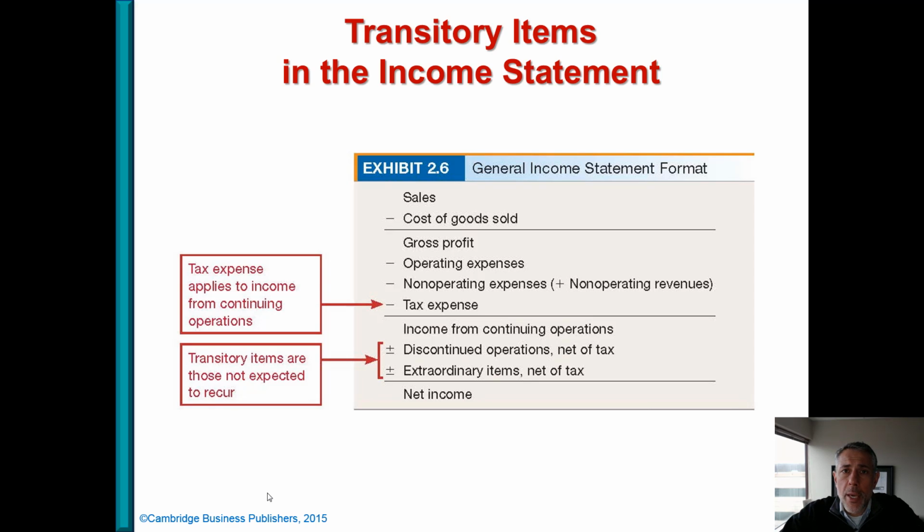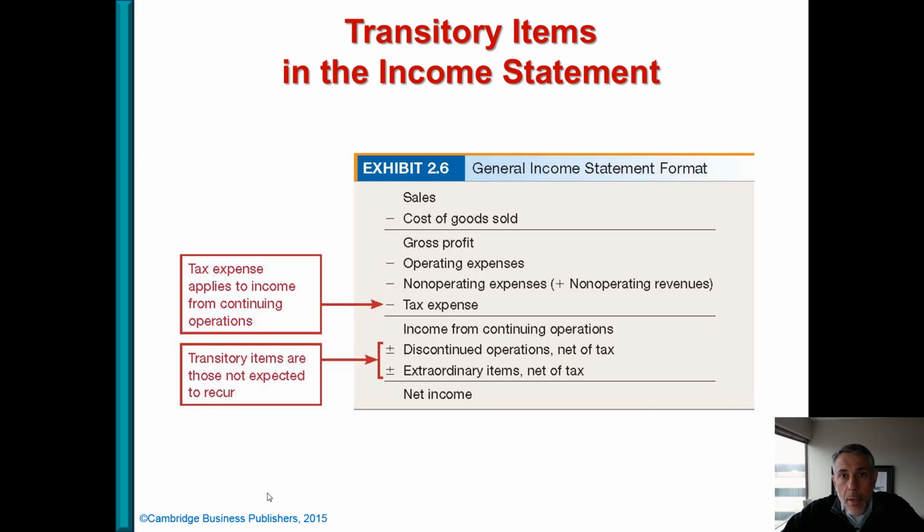And if you're a management team and you tell the analyst community that these expenses are unlikely to occur in the future, then a good analyst will credit against those expenses, meaning they will forecast future financials with the thought that those expenses will not occur.